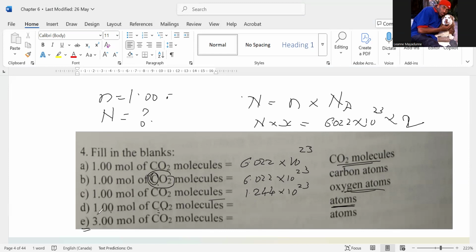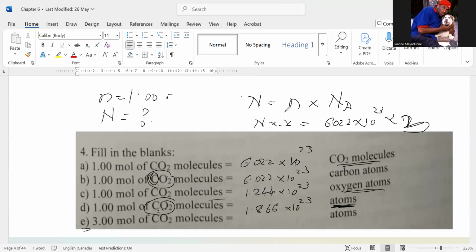And then it is asking, 1 mole of CO2 molecules has how many atoms? So this in total has 3 atoms, so I'll multiply this by 3. I should get 1.8. Correct? Yeah. 3 moles of carbon dioxide contains how many atoms?